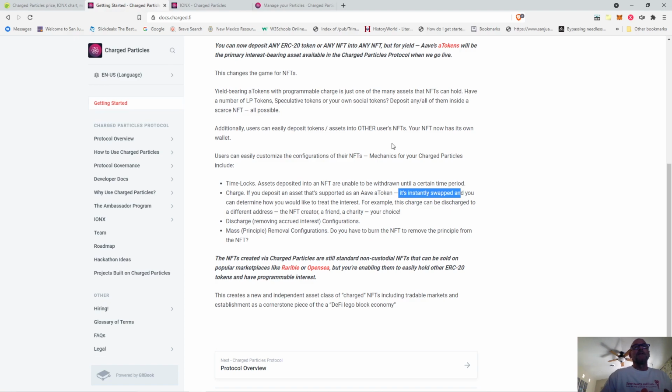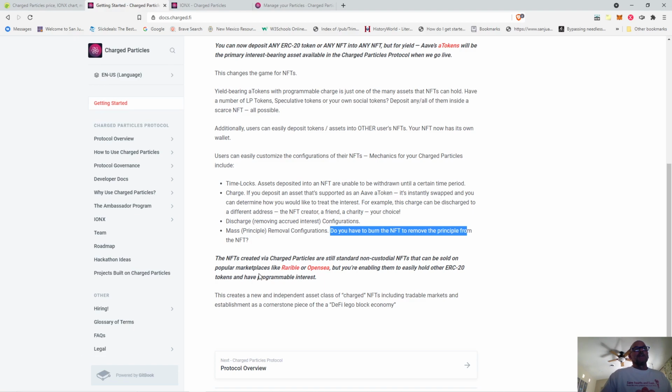I think they use the example of a DAI, and so it goes in as an Aave DAI, kind of a wrapped DAI, for interest-bearing or yield-bearing effects. And you can program its discharge. Basically, you can configure how it gets discharged. Okay, and you can have it burned at some time also, or you can just have the owner of the NFT that buys it continue to earn interest or something. So you can make them pretty valuable if you want.